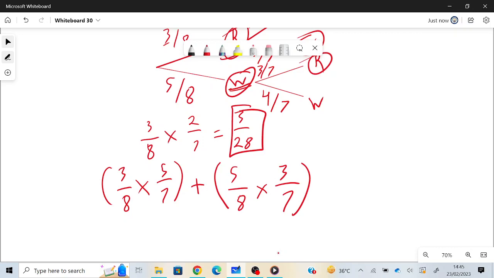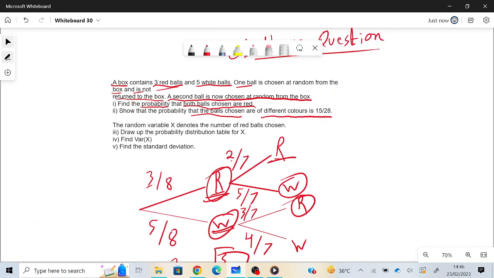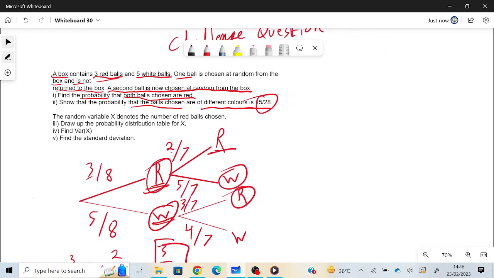And using a calculator to add this all up, 3/8 times 5/7 plus 5/8 times 3/7, this is 15/28. And that is what they asked us to prove. They said show that the probability of the balls of different colors is 15/28. Right, on to the next part.